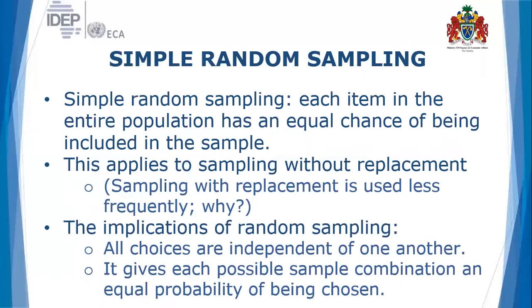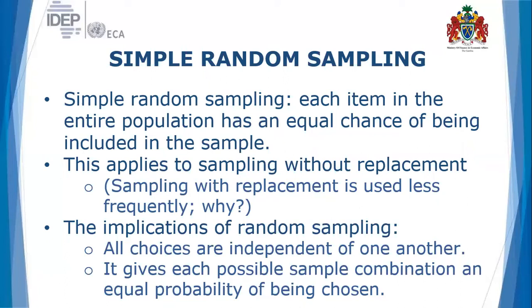Simple random sampling. Under simple random sampling, each element in the entire population has an equal chance or probability of being included in the sample. So all elements have equal chance.